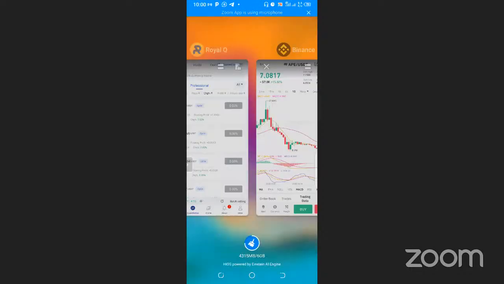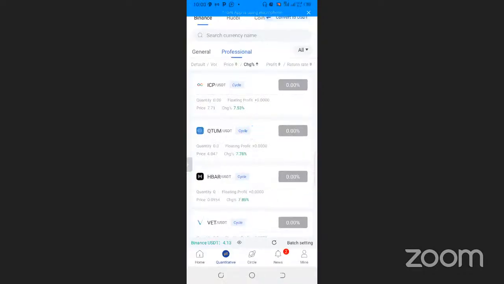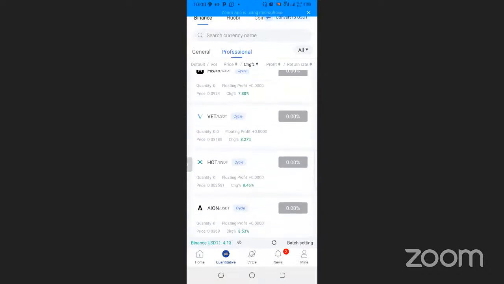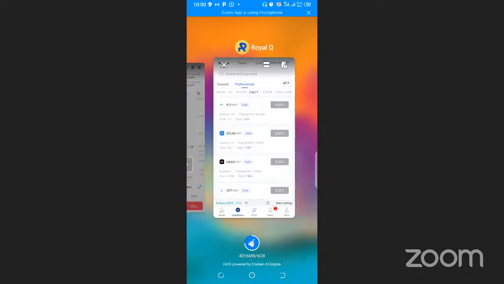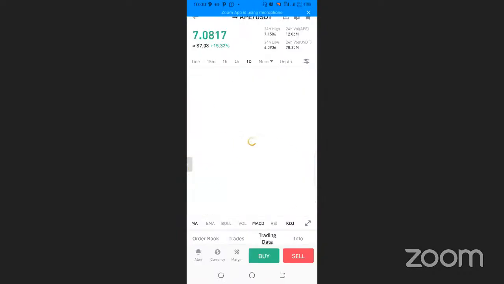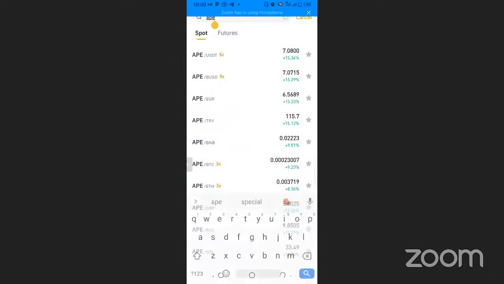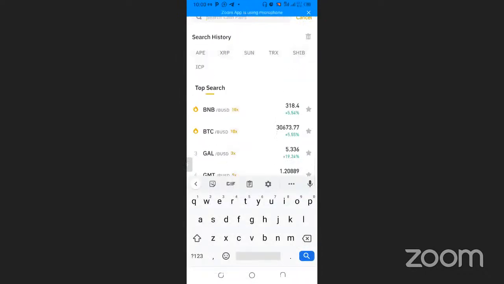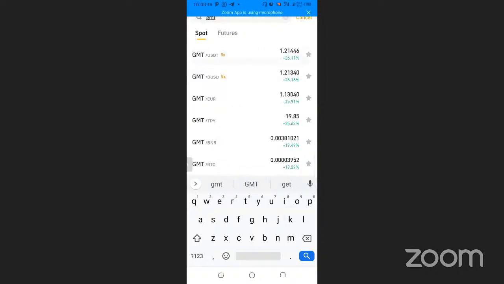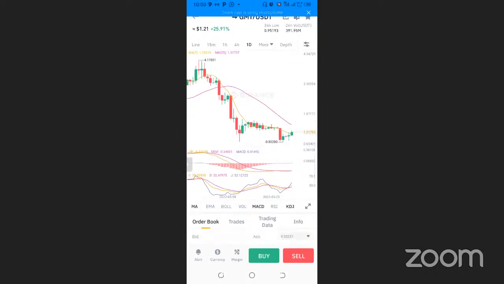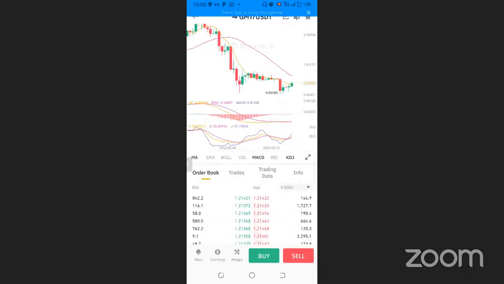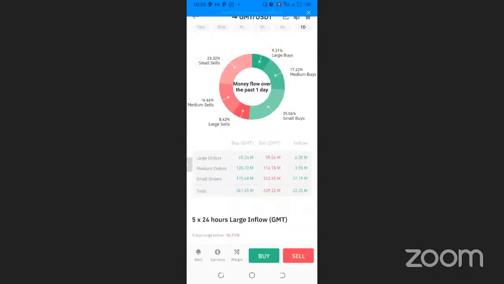So that means it's not favorable for all of us to trade Apple. But even if you look at GMT, if GMT has a possibility of making greater things like what we are seeing, let's look at the trade data of GMT.